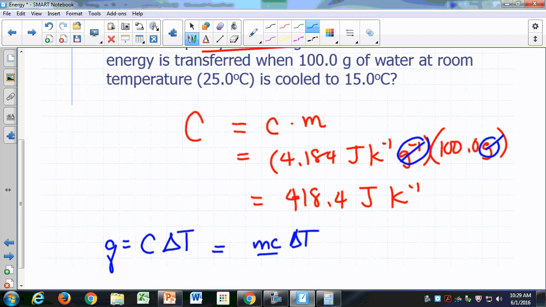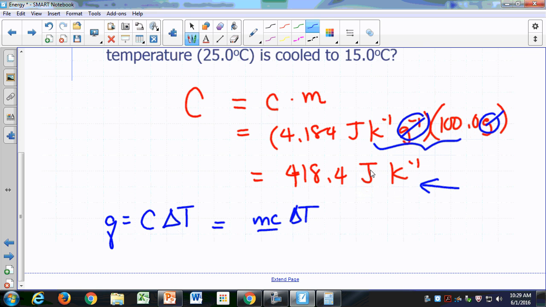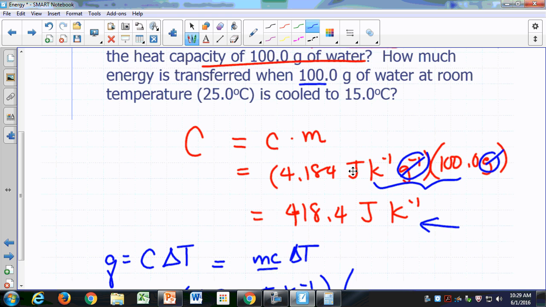Well, we've already calculated the heat capacity of 100 grams, so we already did this part right here. So let's go ahead and just plug that number in. 418.4 joules per Kelvin multiplied by delta T. What's our delta T? Delta T is final temperature minus initial temperature.